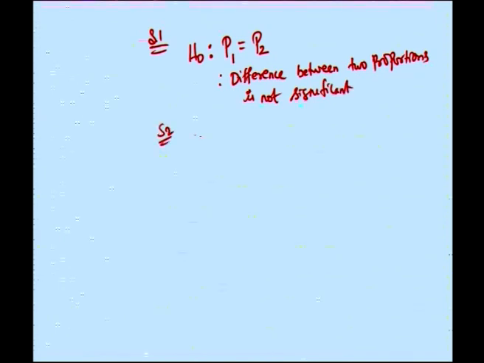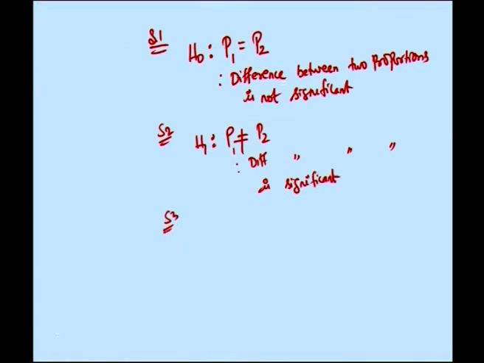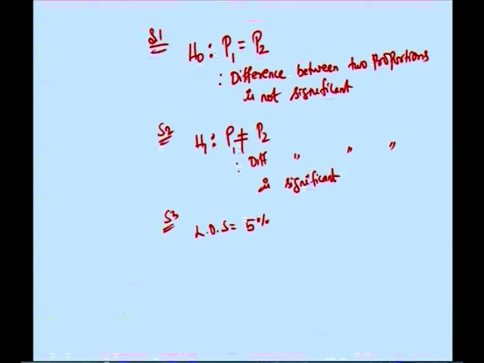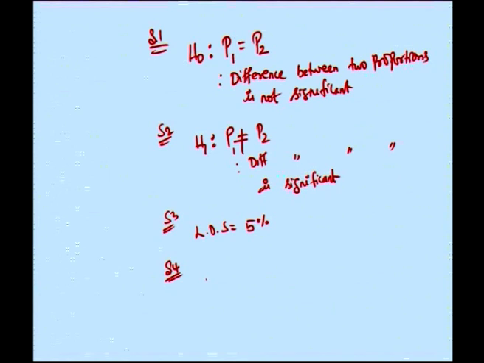Then step 2, H1 will be P1 not equal to P2, so the difference between two proportions is significant. Then the level of significance we take as 5%, because in the next subdivision you have to find out the 95% confidence limits. Okay, so step 4, we go ahead with the calculations.